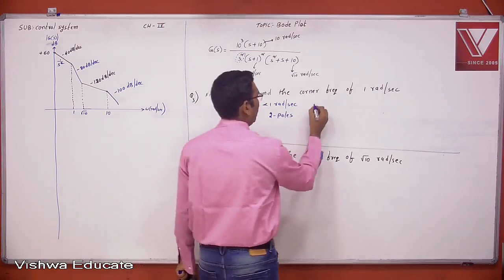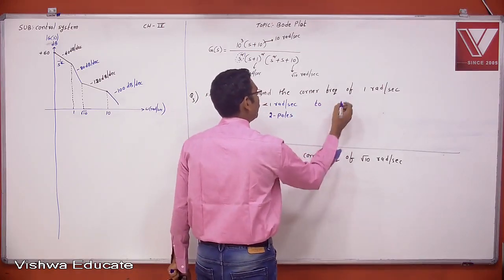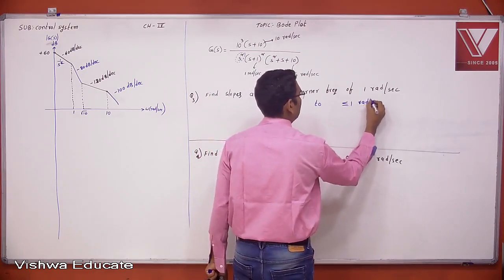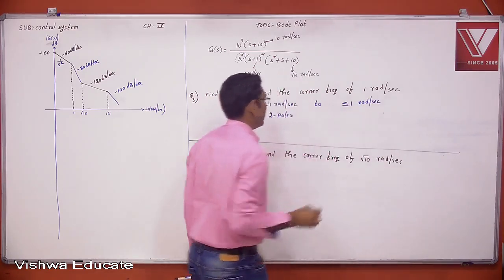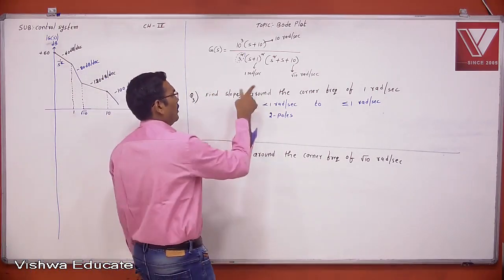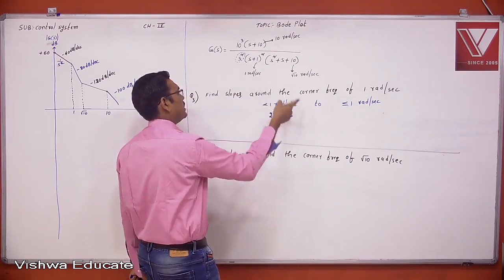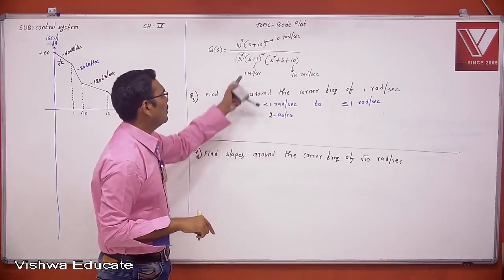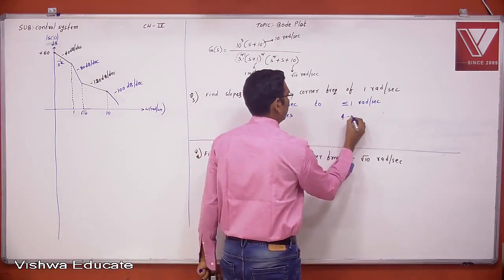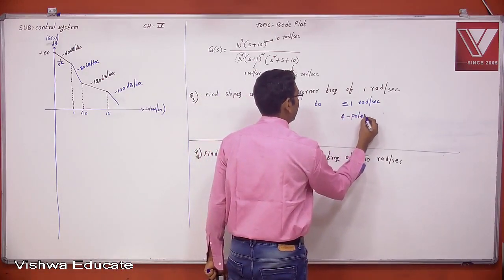Now you consider less than or equal to 1 radians per second. Less than 1 radians per second is this. Less than or equal to 1 radians per second means now here 2, here 2, total 4. Zeros or poles only. If it is zeros, write zeros. If it is poles, write poles.